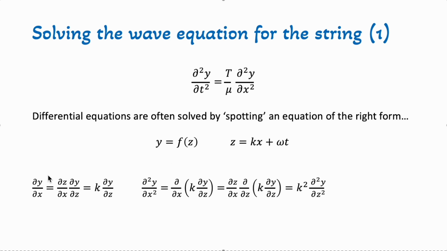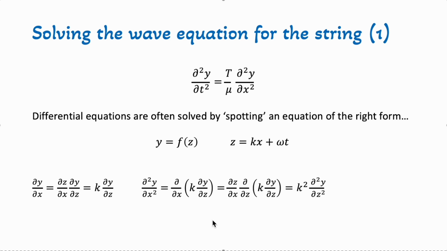If I ask myself, what is dy/dx? Well, dy/dx by chain rule must be equal to dz/dx times dy/dz. And dz/dx, if you look at z, must just be k, because a partial derivative means that we're assuming time stays constant, so the omega t is a constant. That disappears when we differentiate, and the kx will just become k.